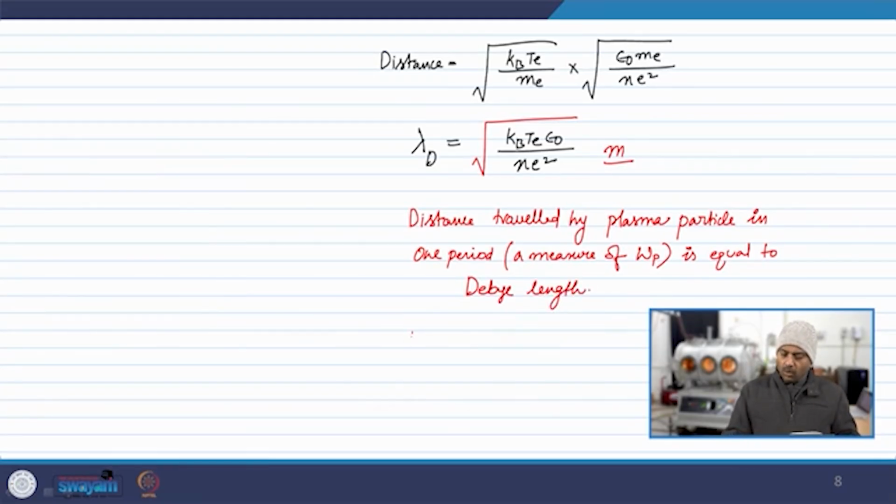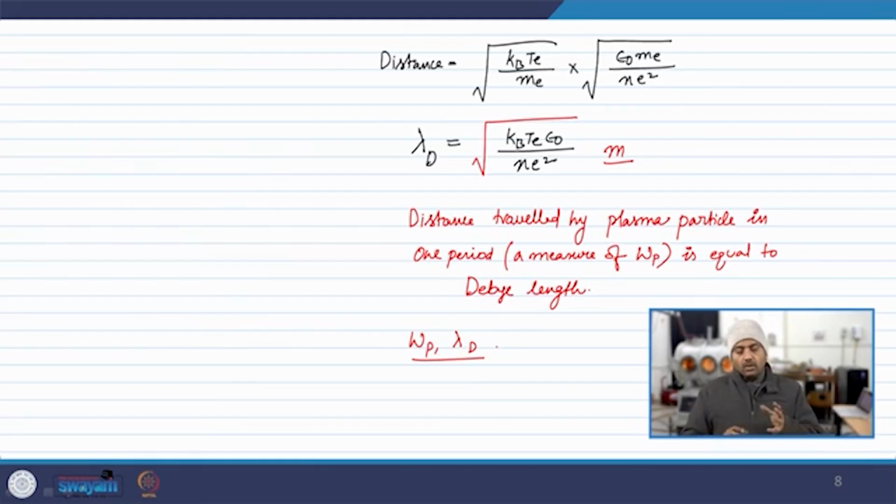That means this omega p and lambda d are self related, they are related to each other. We are just looking at another side of it, right.